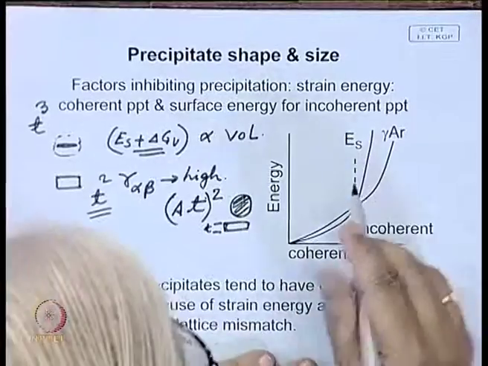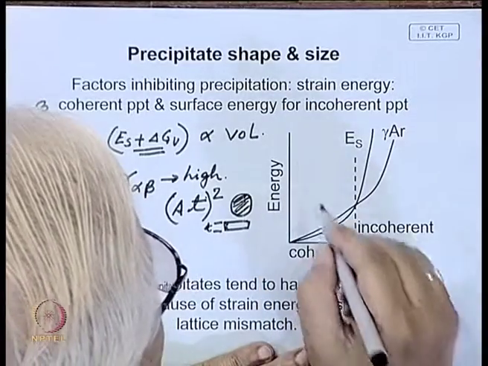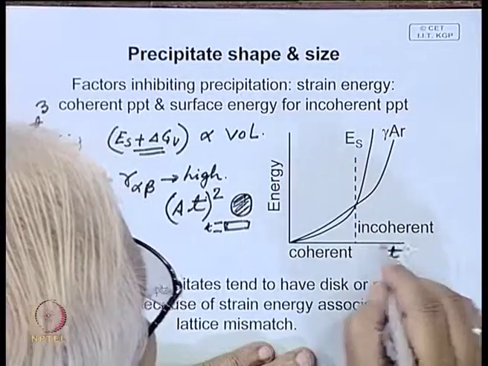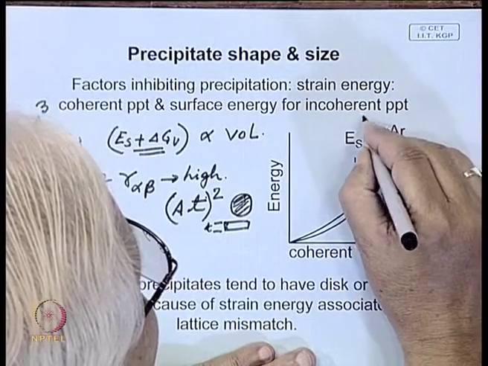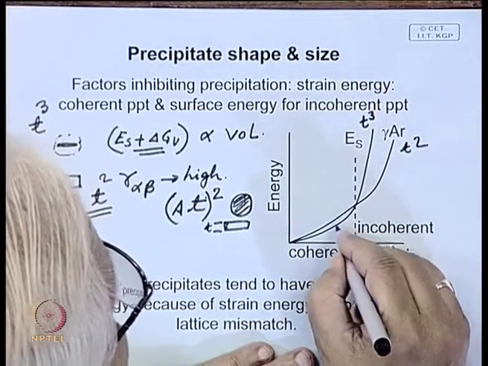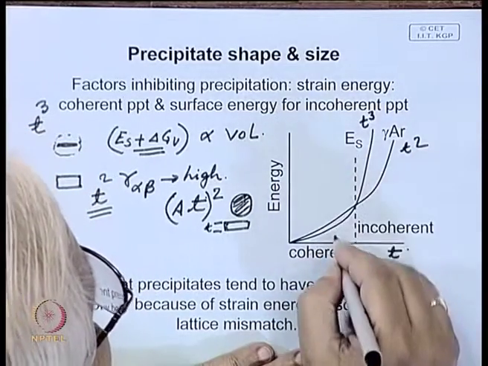Look at over here, if you plot this energy and this is T. This varies as T cube, this varies as T square. So, T cube, because T dimension is quite small.